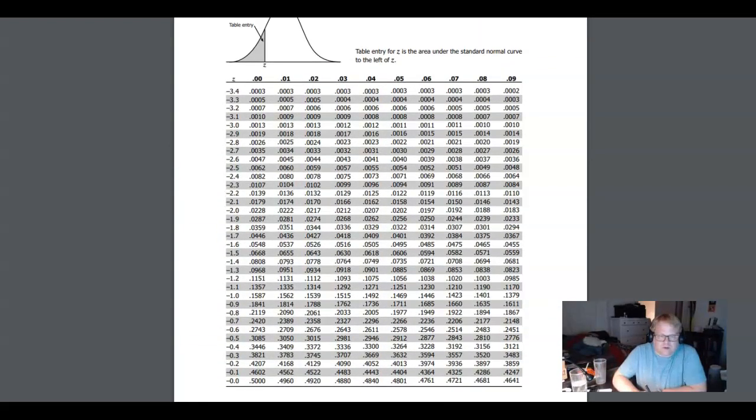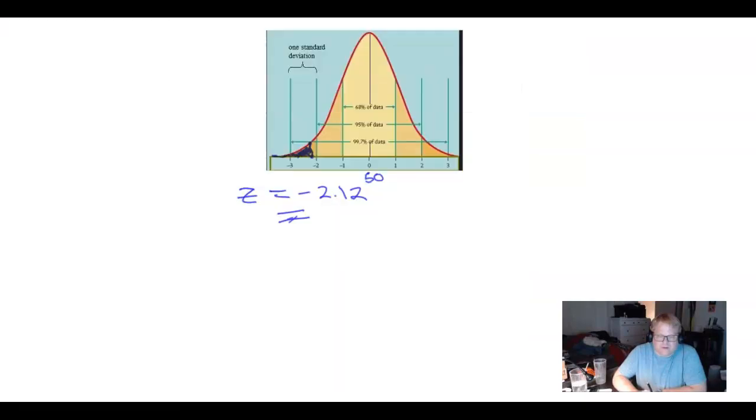Negative 2.12 is this one right here, 0.0170. Again, if you move the decimal point, you're at 1.7%. That's a small amount. We knew that going into this.